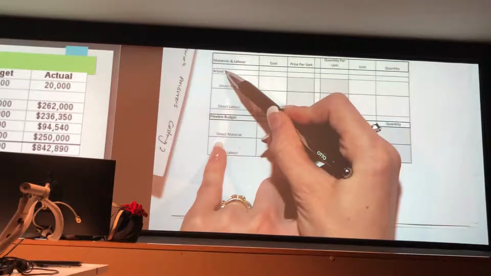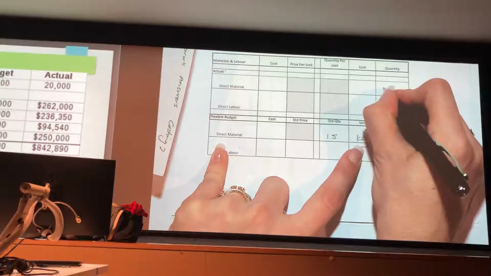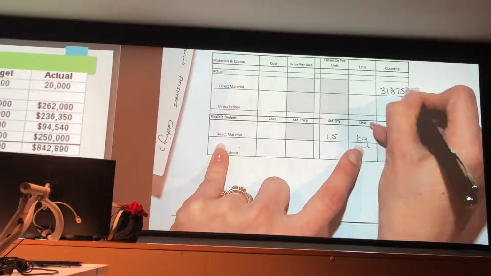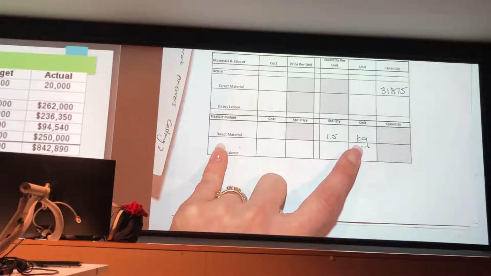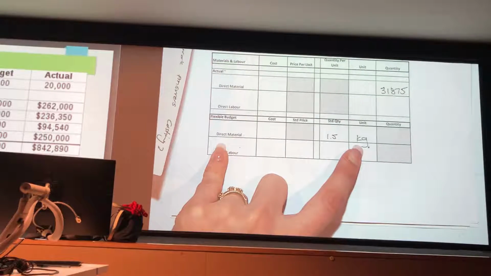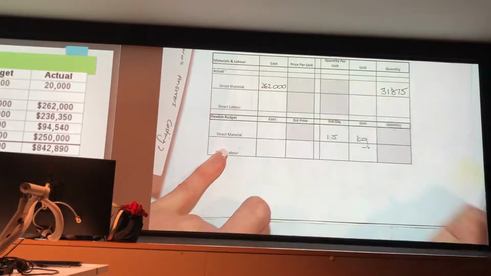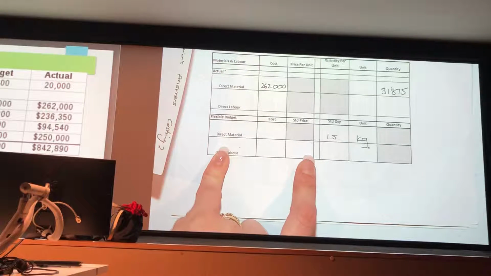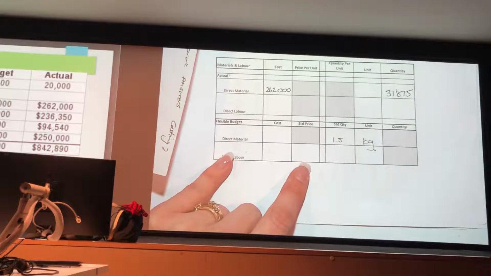So we go to actual, material, and the total quantity that we actually used was 31,875, at a cost of 262,000. So we fill out what we've got.